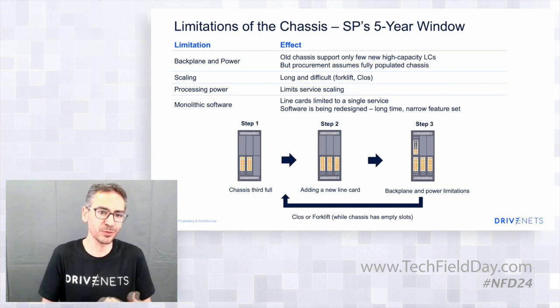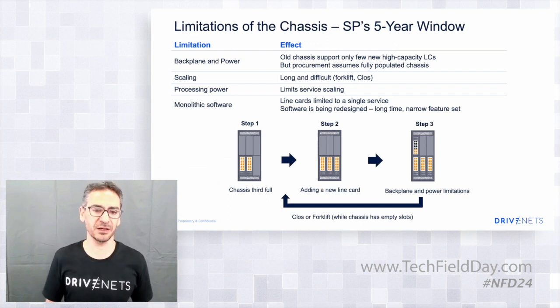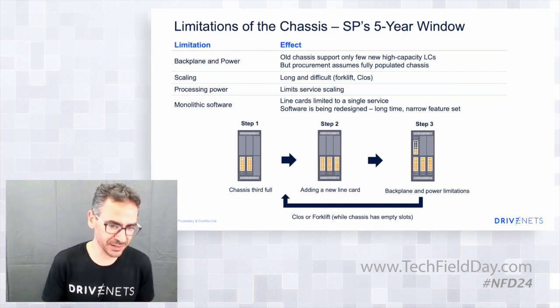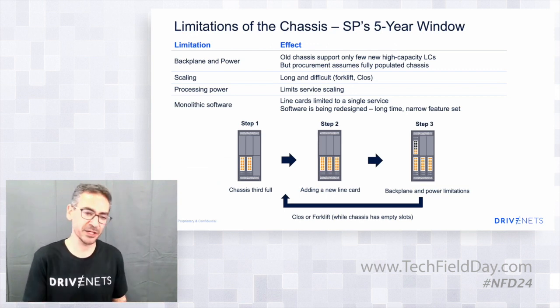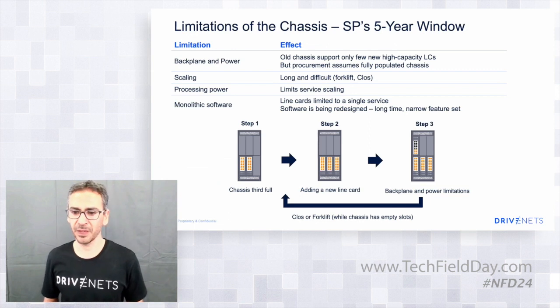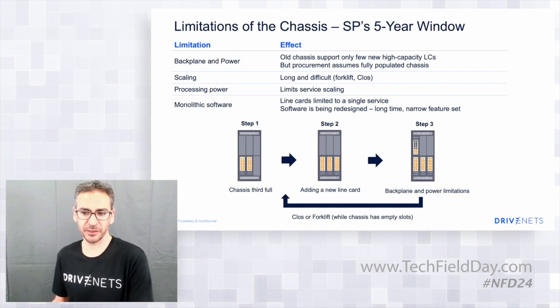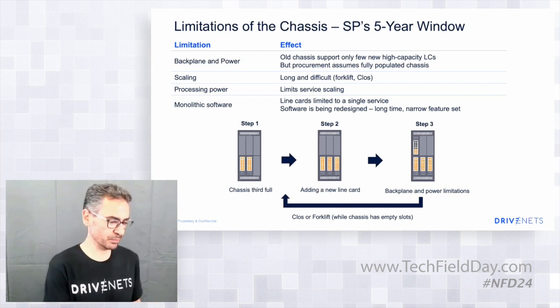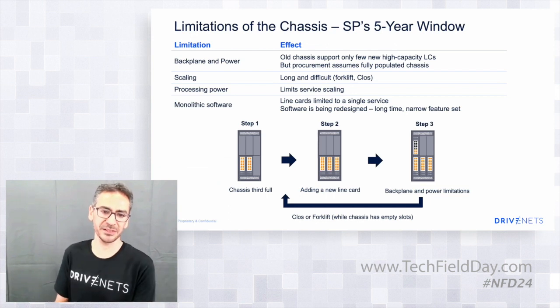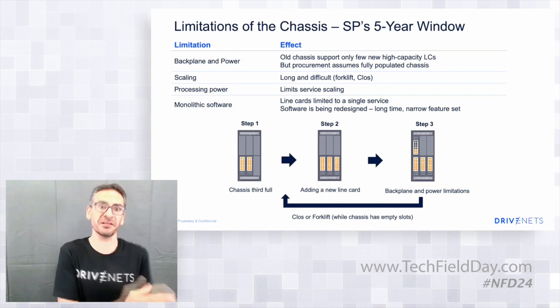So the pay-as-you-grow approach is not really living up to its potential or the expected outcome that the service provider had in mind. Still, they're putting something in place, and then 3 years down the line, when they need to do the upgrade, they end up doing a forklift.